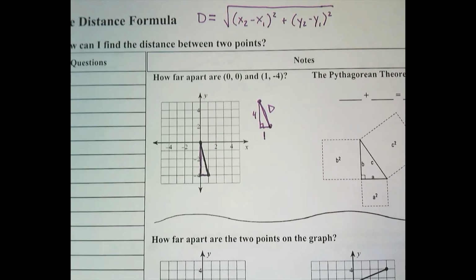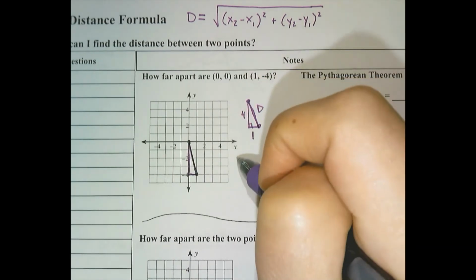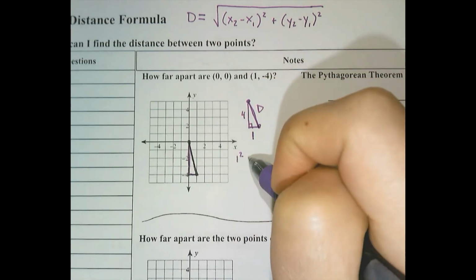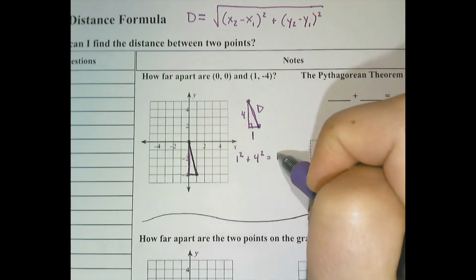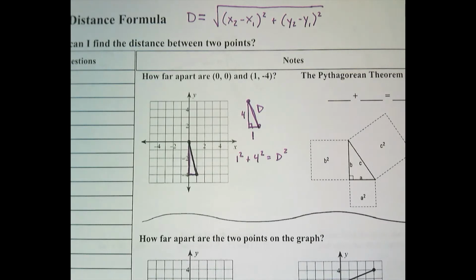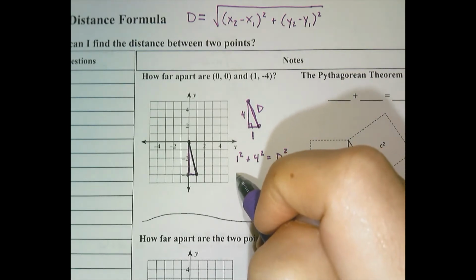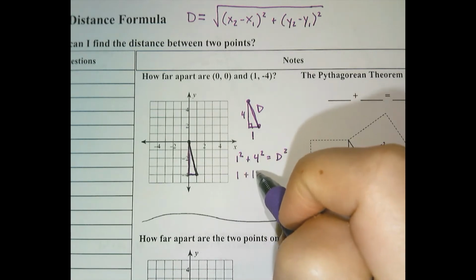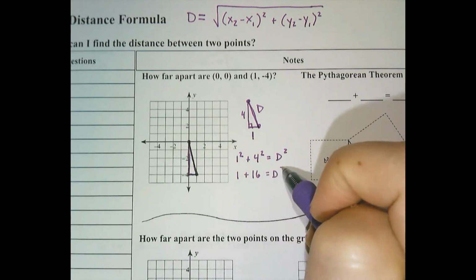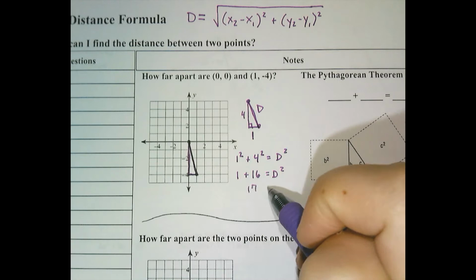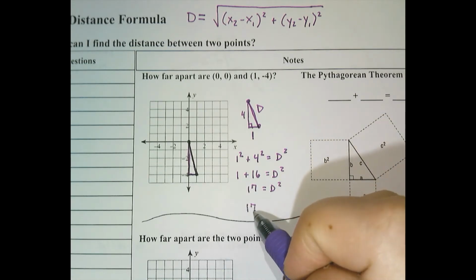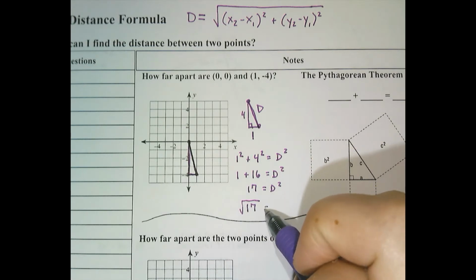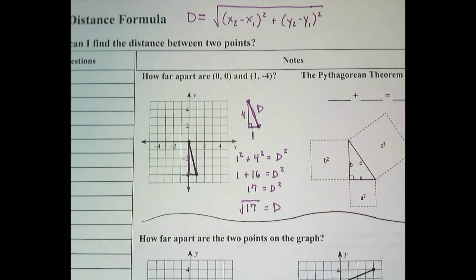We know the Pythagorean theorem. It tells us that the length squared plus the height squared is equal to the hypotenuse squared for right triangles. So 1 squared plus 4 squared equals hypotenuse squared, and we get 17 is equal to hypotenuse squared. And we find that the distance between those 2 points is the square root of 17.